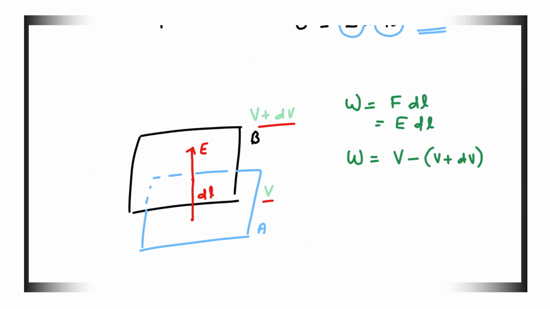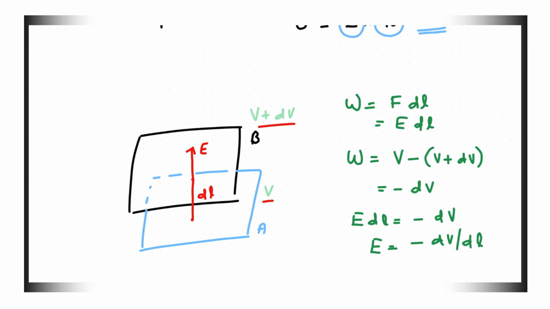So you will get this as minus dV. So E dl will become minus dV, or E equals minus dV by dl. That means the negative gradient of electric potential will give us the electric field.